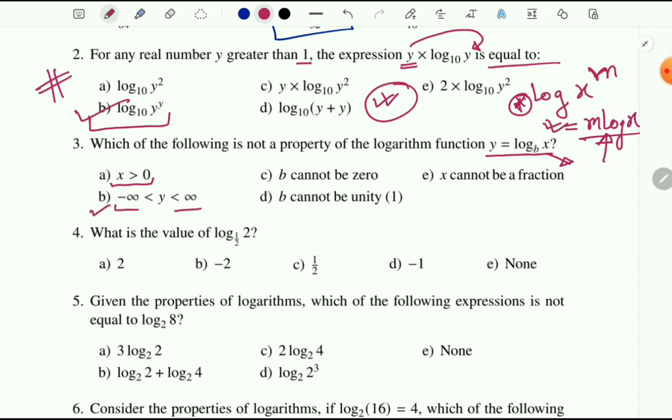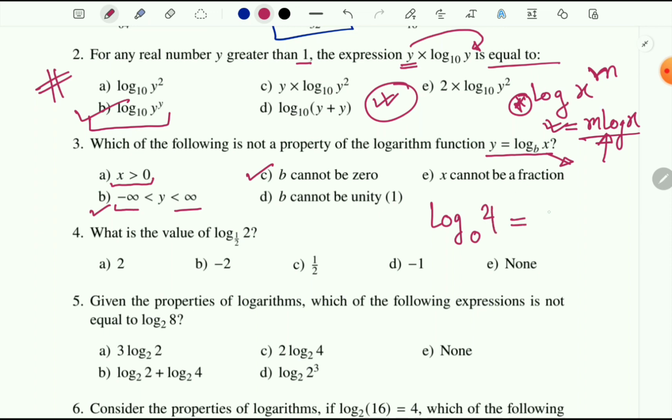This is also a property. Yes, we know the base cannot be 0, because, as I explained, log base 0 of 4 equals what? Let's say it equals y.